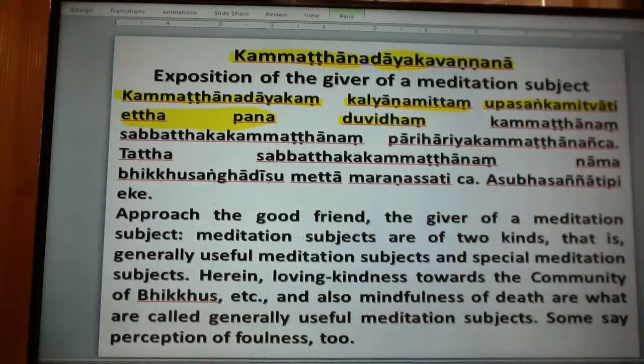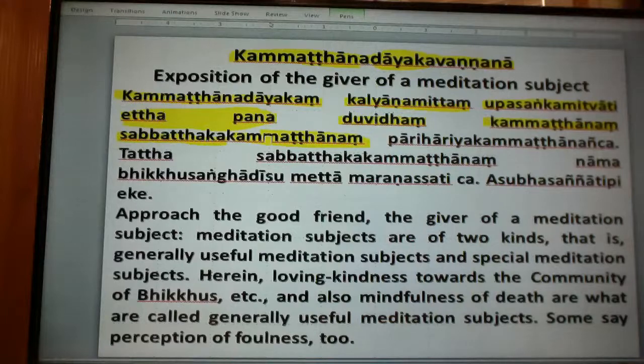There are two kinds. Kammatthana means meditation subject. There are two kinds of meditation subject. One is the Sabbatthaka Kammatthana. Sabbatthaka: Sabba is all, isn't it? Atthaka means useful.